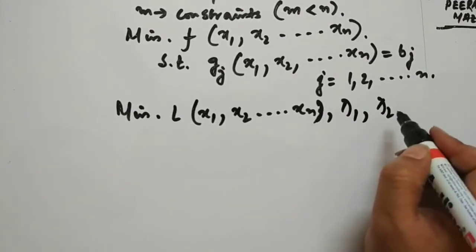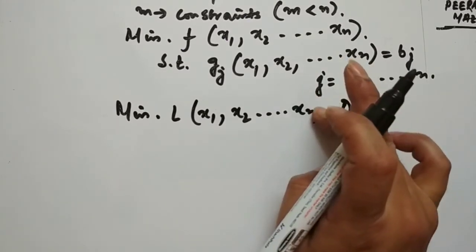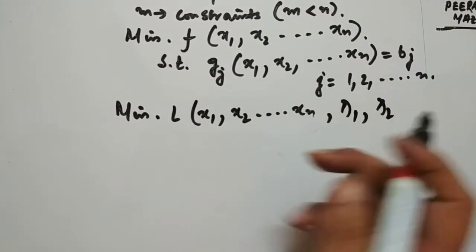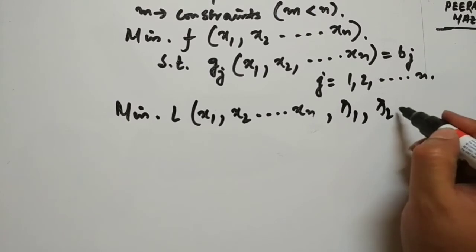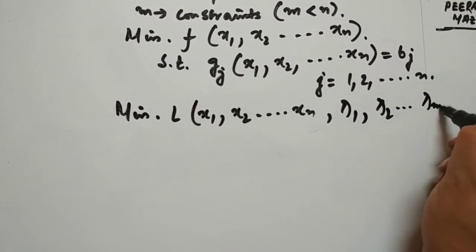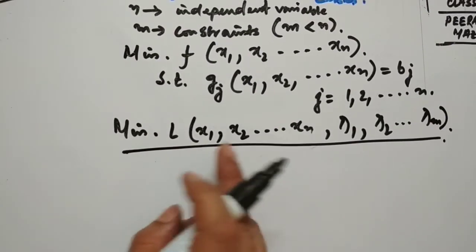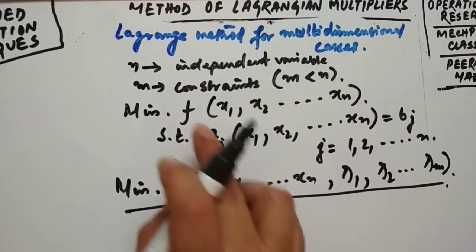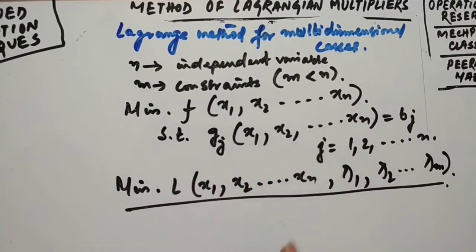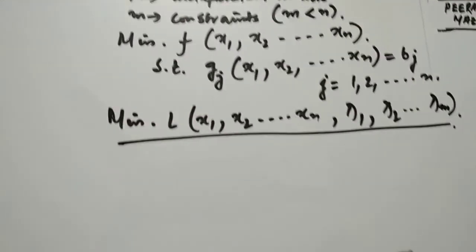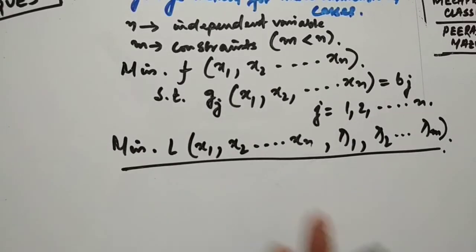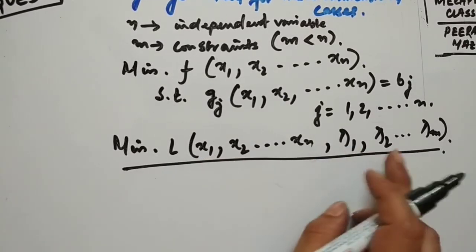These are the Lagrange multipliers. Okay, now this equation is converted into an unconstrained one. Previously this one was a constrained equation. Now we have converted this particular problem into an unconstrained one with the help of Lagrange multipliers.